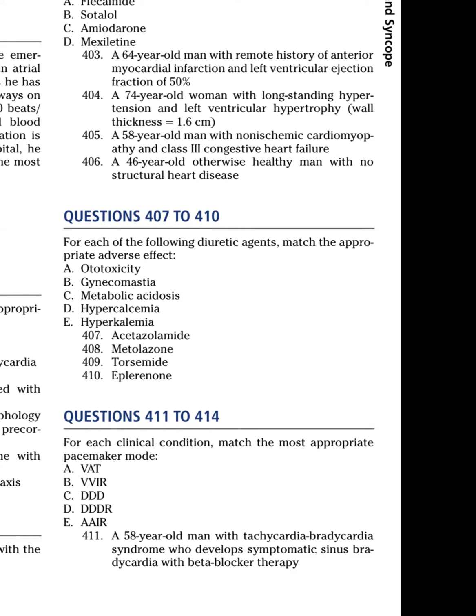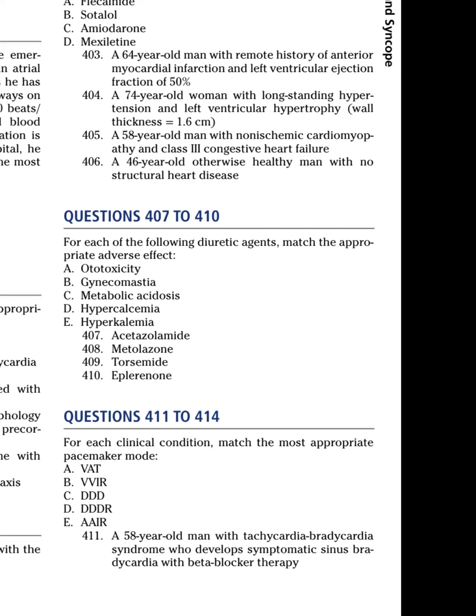411 says a 58-year-old man with tachybrady syndrome who develops symptomatic sinus bradycardia with beta blocker therapy. Now, if we look at this patient, we are to choose which pacemaker mode will be appropriate. For this 58-year-old man, we see that he has tachybrady syndrome, which already means that he has a sinus node dysfunction.